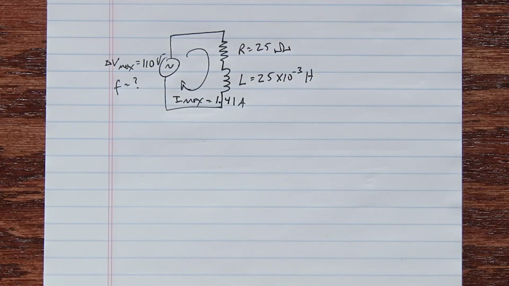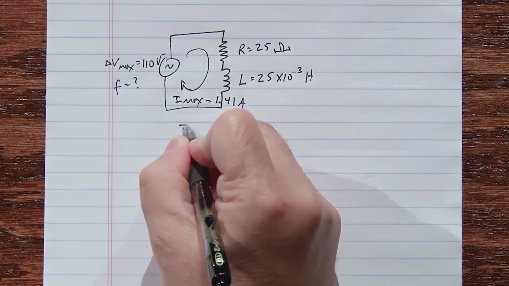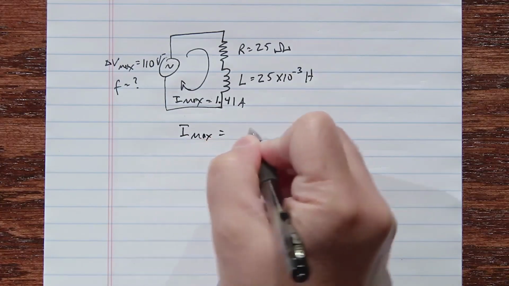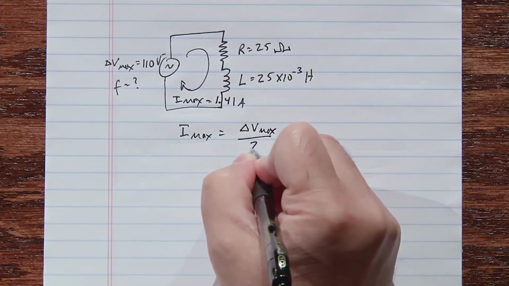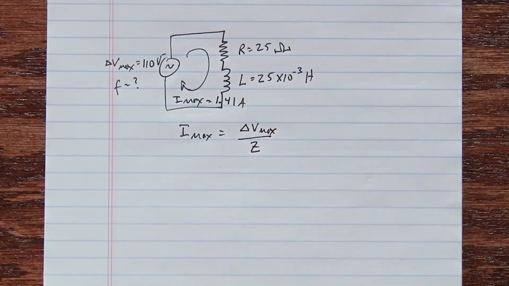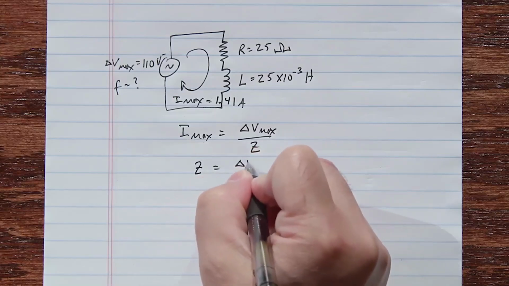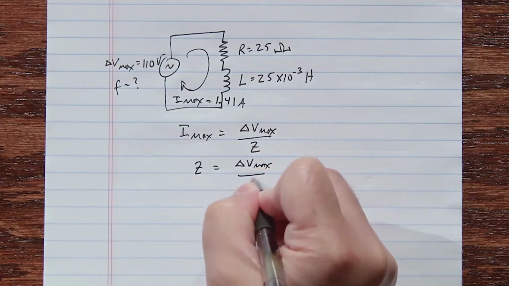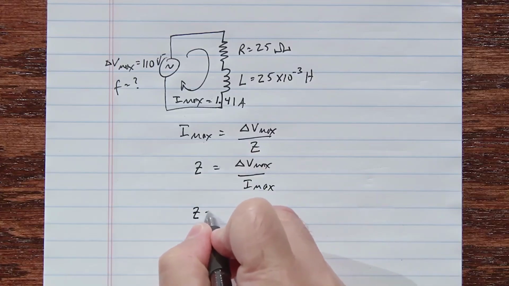Okay, where can we go from there? As I said, the first step is going to be to find the impedance of the circuit. And we'll find that from I max is equal to delta V max over Z, the impedance. We can solve that for Z. Z is equal to delta V max over I max.